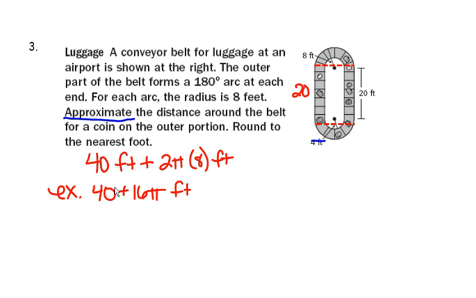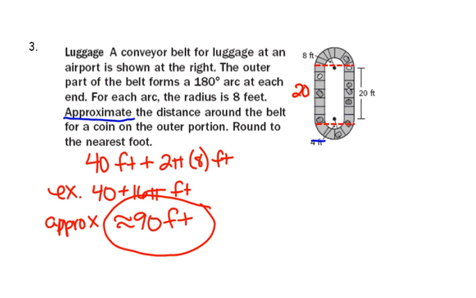And since this one has pi and this one does not have pi, those are not like terms, so I could not combine them. However, it's not asking me for the exact, it's asking me for the approximate. So I'm going to go ahead and multiply 16 times pi in my calculator and add it to 40, and I get, to the nearest foot, about 90 feet, and that is my answer.